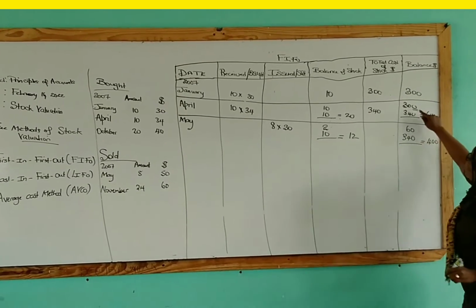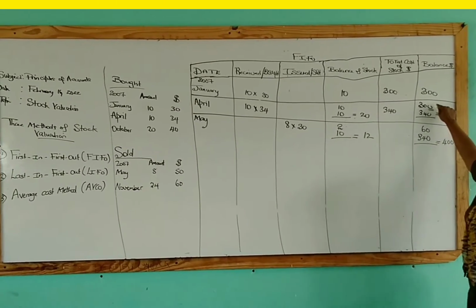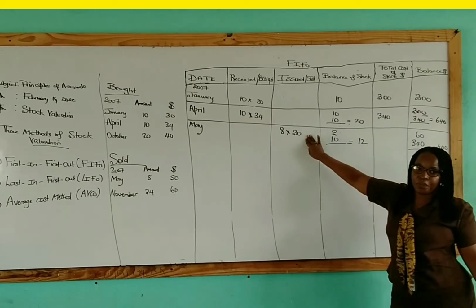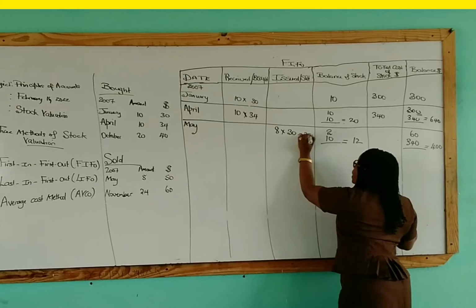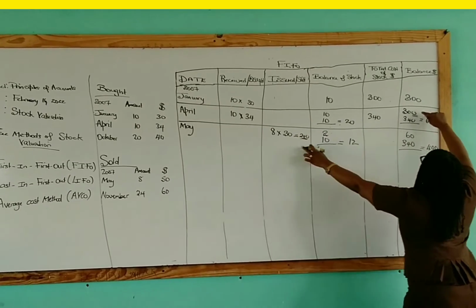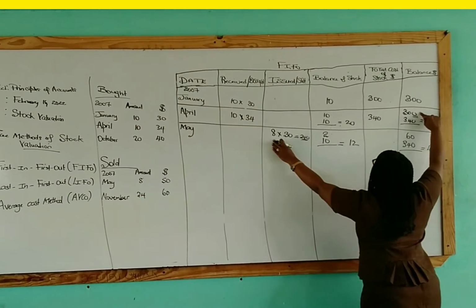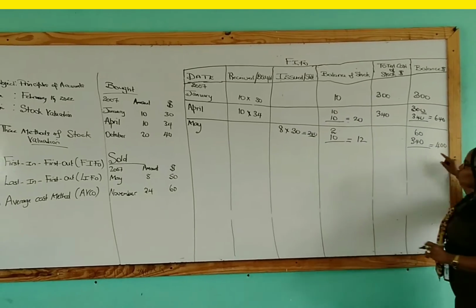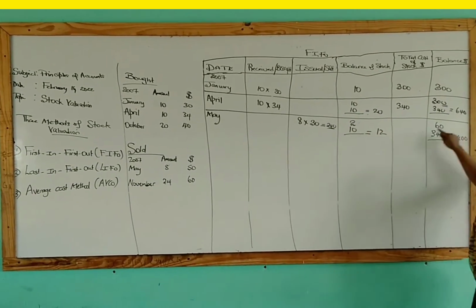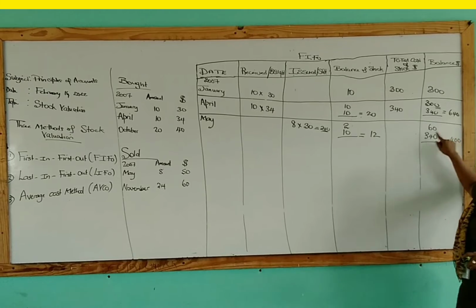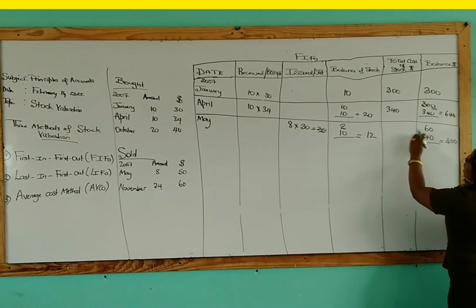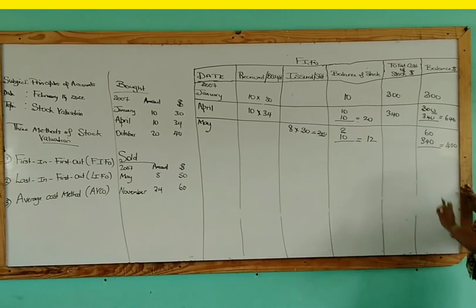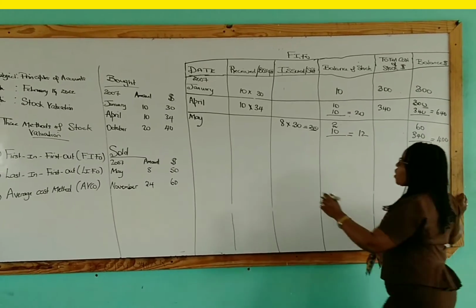Because we issued 8 times 30, which is 240. We are taking this out of the first stock. So 2 remains, and 2 times 30 is 60. And the 10 times 34. You can also multiply if you want. So we are finished with May.